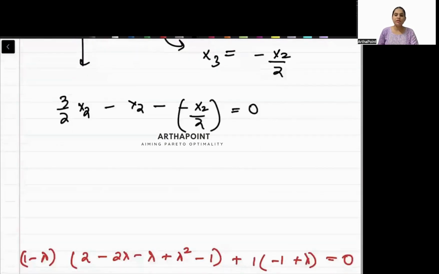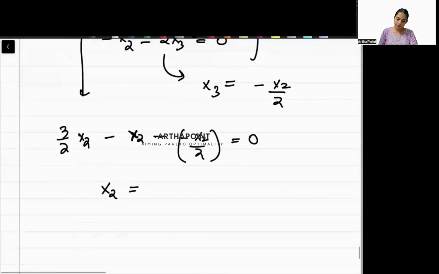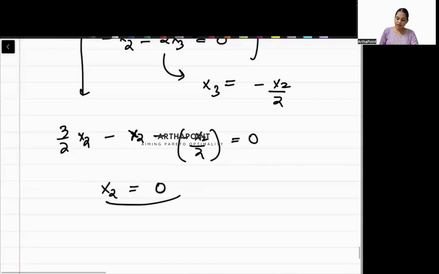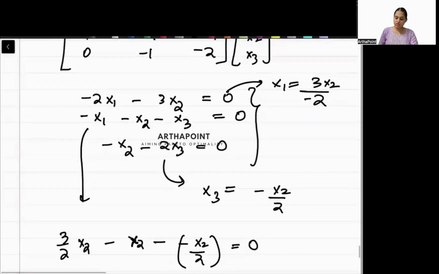So when you solve this, what will be the value of x2 that you will be getting? 3 by 2 x2 plus x2 by 2, 4 by 2, 2 by 2 x2, x2. x2 will be coming out as 0 in this case.